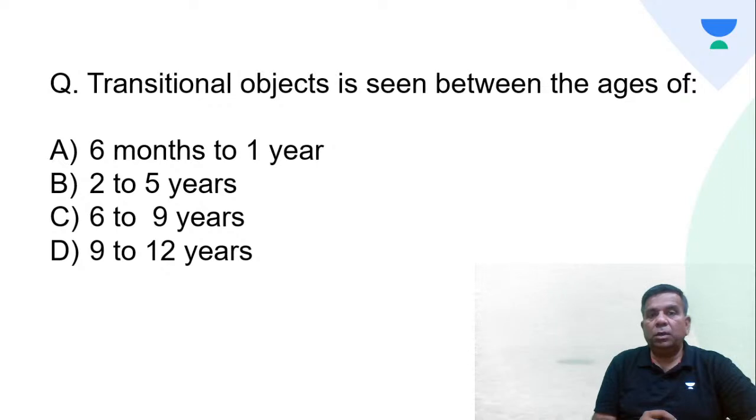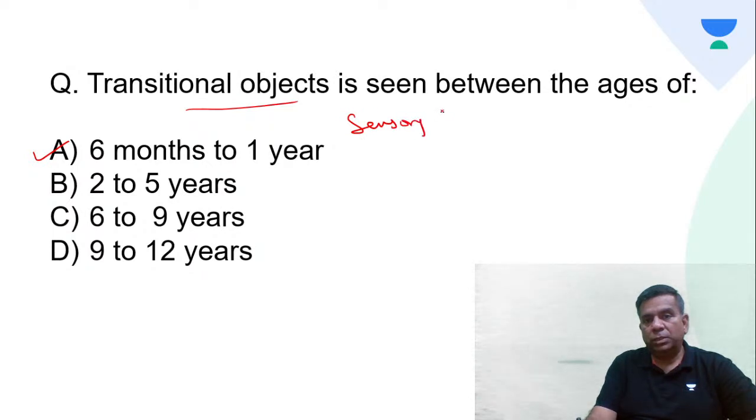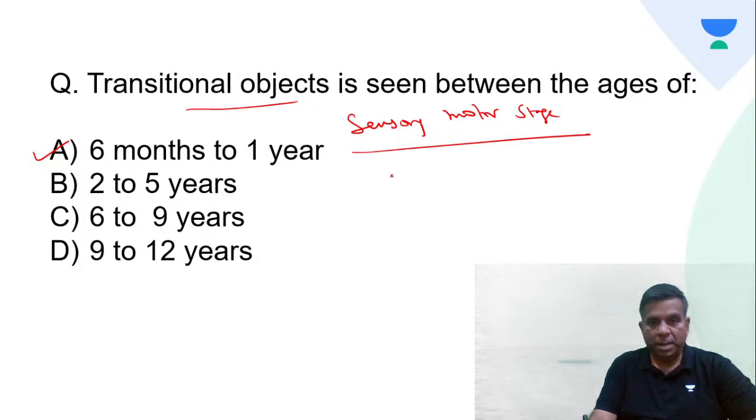Now, transitional object is seen between the ages of. So these are all the psychological theories, the Jean Piaget theories. He said that in the life of a child comes the transitional object, and the first is the sensorimotor stage.